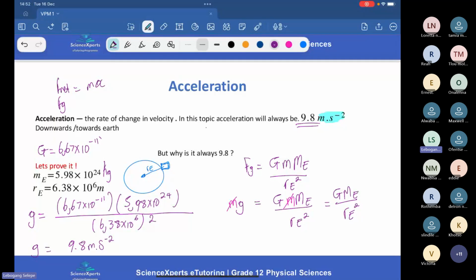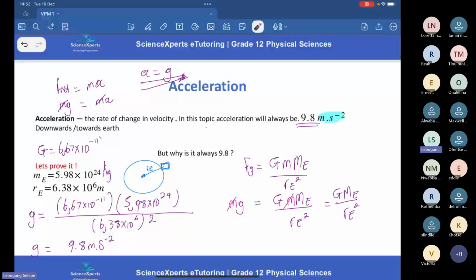But then if there's any other force involved, then our acceleration... remember F net is equal to ma, right? So if Fg is the only force, then we would have mg is equal to ma, then the masses will cancel each other out, then our acceleration would be g, right? So as you can see, your acceleration would be g only and only if F net is the gravity, right?